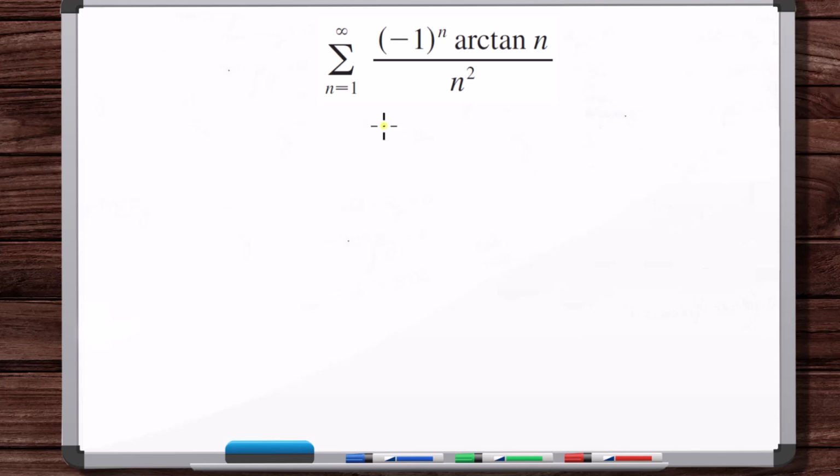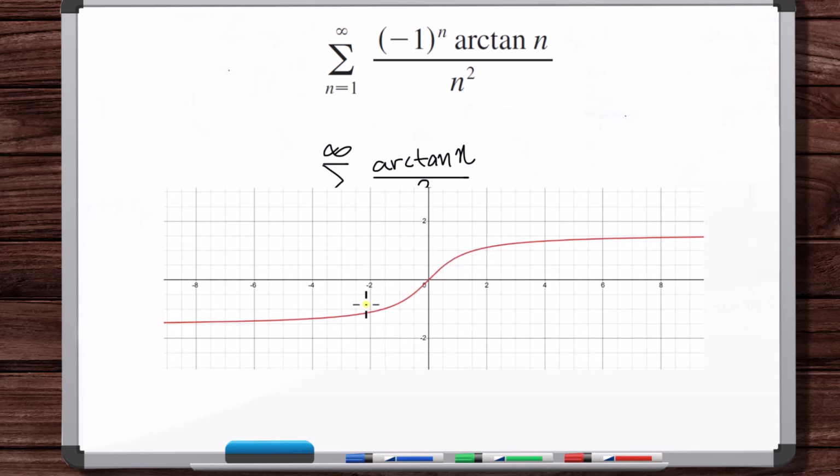Okay, so we're not going to do any ratio or root test here. I mean, I guess we could try it. Okay, let's look at the absolute value series. That's going to be arc tangent of n over n squared, and this is the absolute value series because, going from 1 to infinity, arc tangent of x is always positive when x is greater than 0.